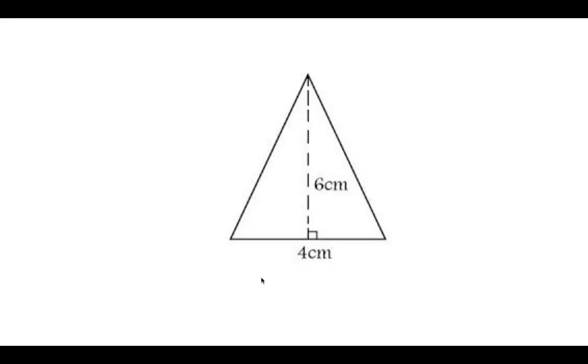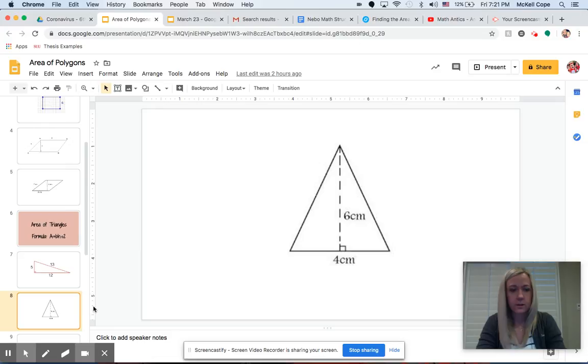Okay, so here we have a base of 4 and a height of 6, straight up and down from the base. 6 times 4 is 24, and we're going to take that 24.